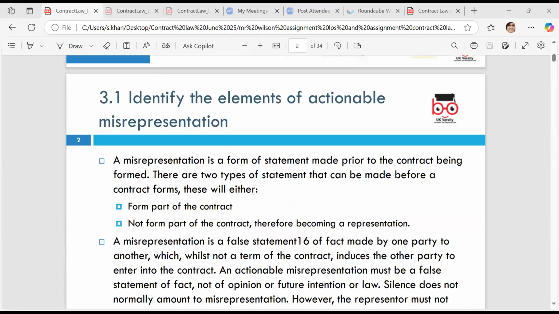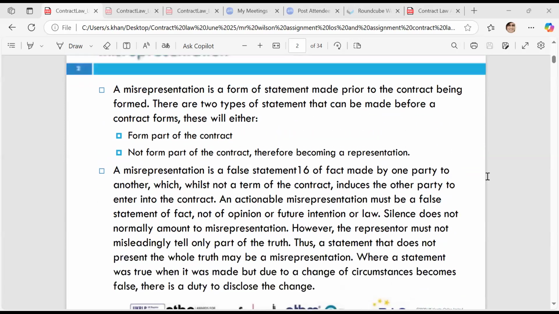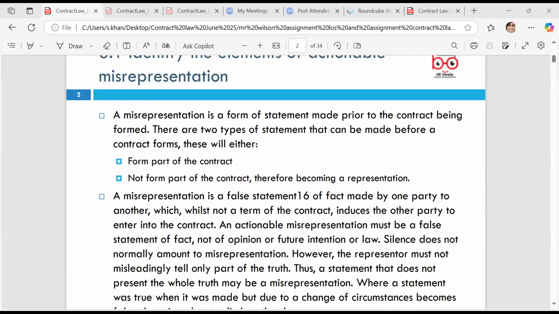There are other forms as well, which we'll go into in more detail, but misrepresentation is a false statement of fact, which is trying to induce the other party to enter into the contract. So it's trying to get the other party to enter falsely into that contract, and it's a false statement of fact made by one party to another party.